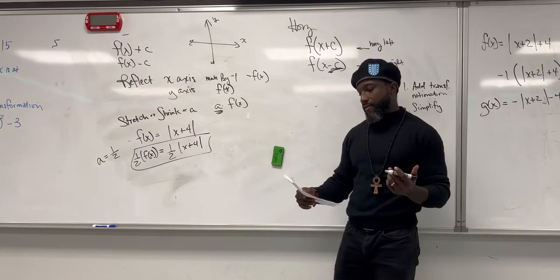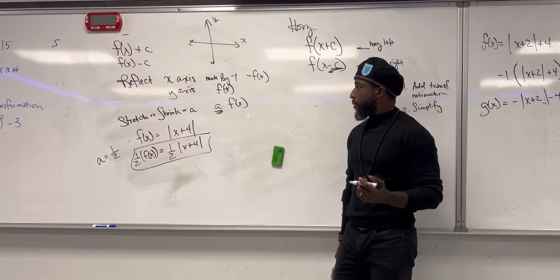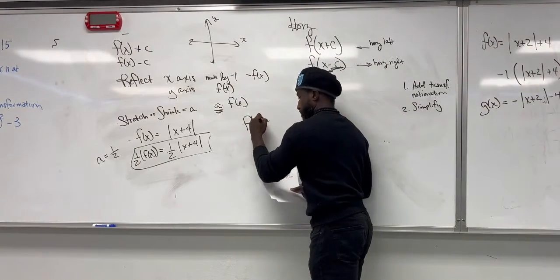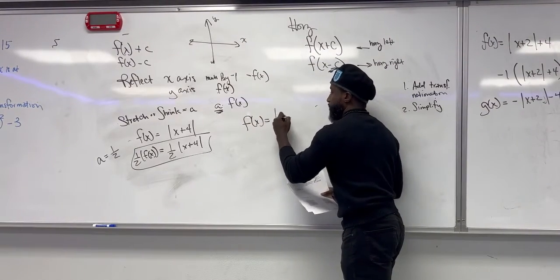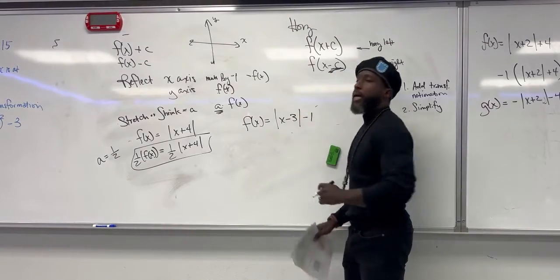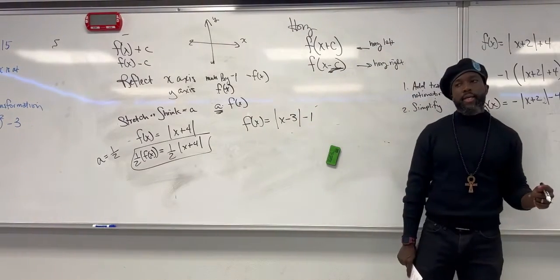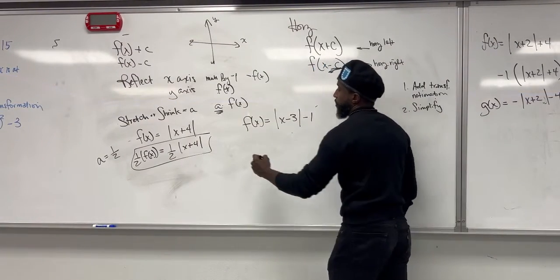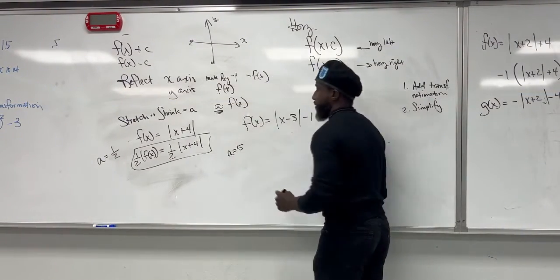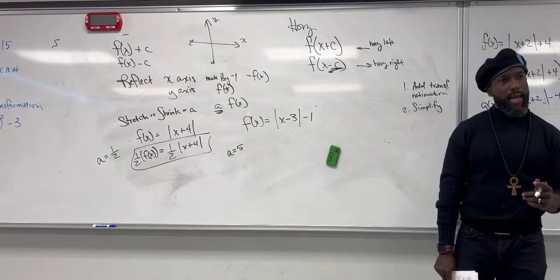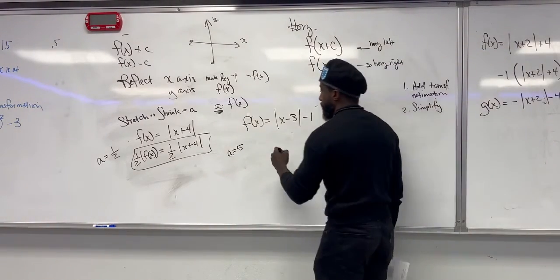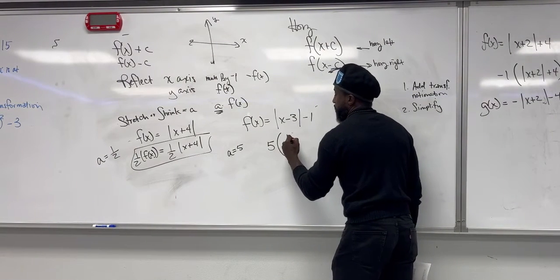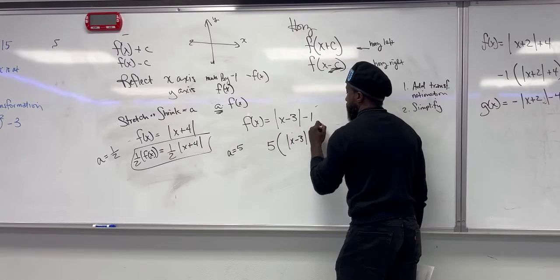So let's look at number 5. Number 5 says f of x equals the absolute value of x minus 3, minus 1, and it stretched by a factor of a equals 5, right? That means it's going to be 5 times the absolute value of x minus 3, minus 1.